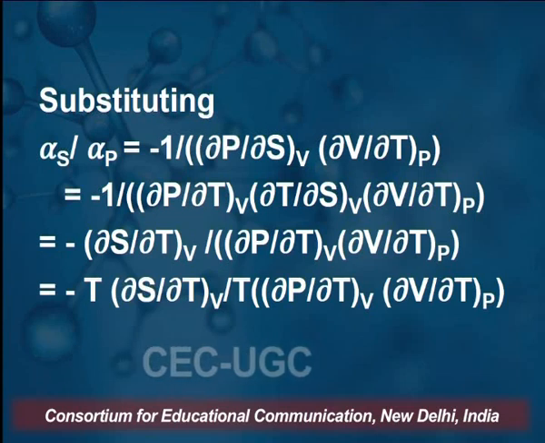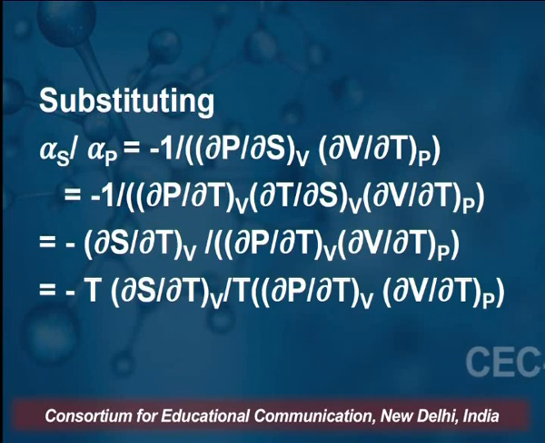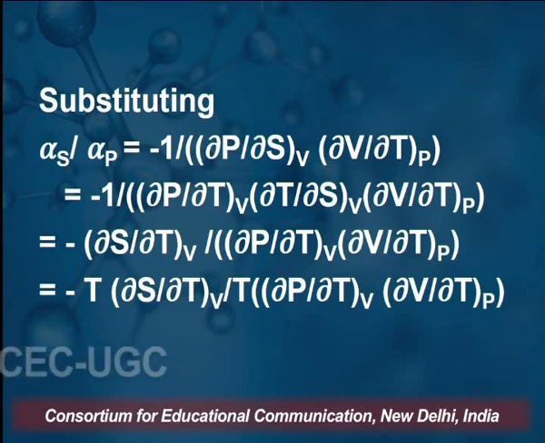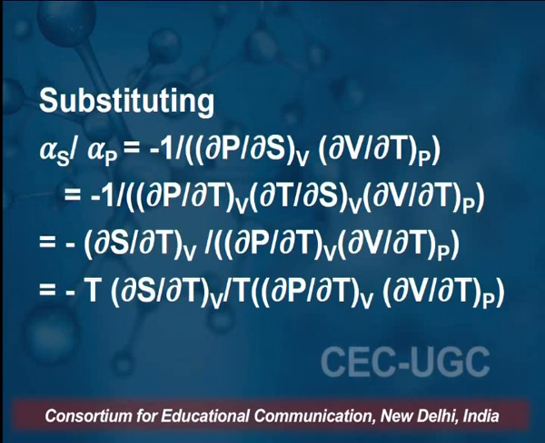Multiplying the numerator as well as the denominator by T, we get minus T ∂S/∂T at constant volume divided by T times ∂P/∂T at constant volume into ∂V/∂T at constant pressure.